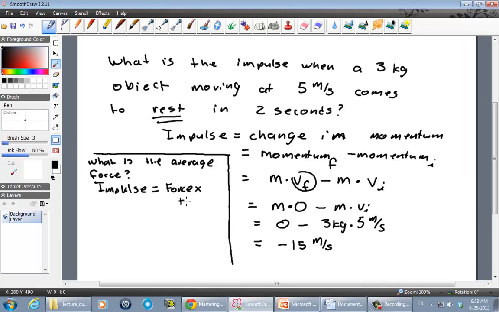Well, I got the impulse here. It's negative 15. Force is what I'm looking for. I don't know the force. And force times time. I do know the time. The time was 2 seconds. So to find the force, I divide by 2, and my force equals negative 15 divided by 2, or negative 7.5 newtons.